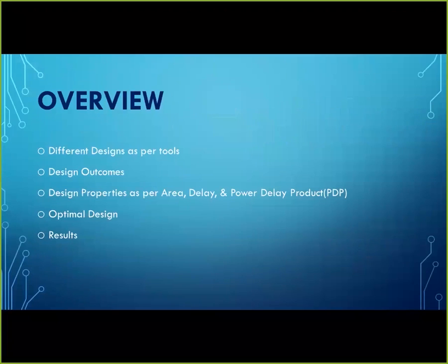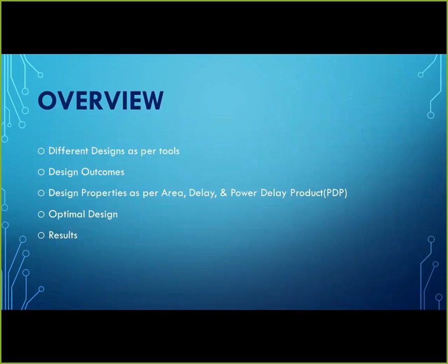So this is our overview. We have tried a lot of designs using several types of tools, and we worked out our outcome. Our main focus was on the delay, the PDP, and the area. These are our main concerns, to see how much we can optimize all of these parameters.